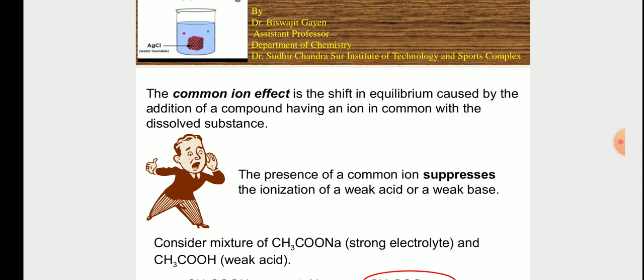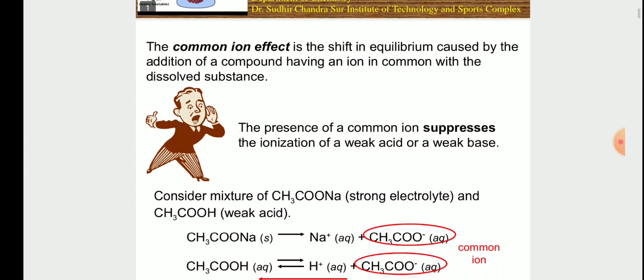A strong acid means that in aqueous solution it is completely dissociated, and a weak acid means this type of acid will not be completely dissociated.